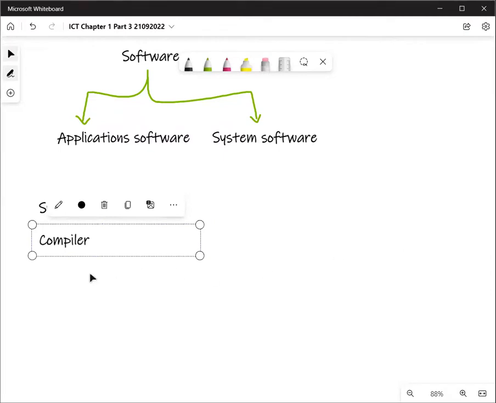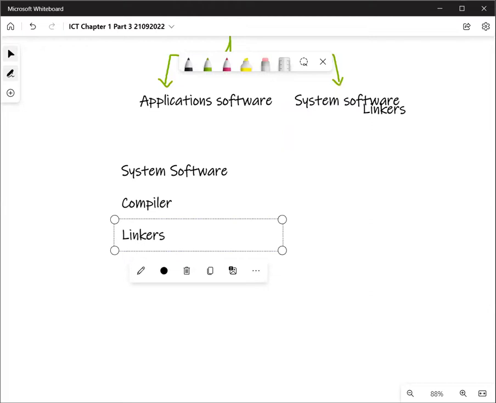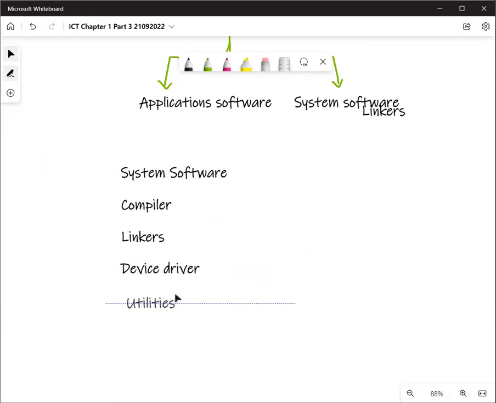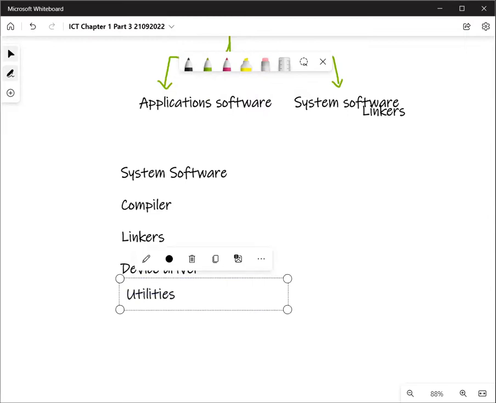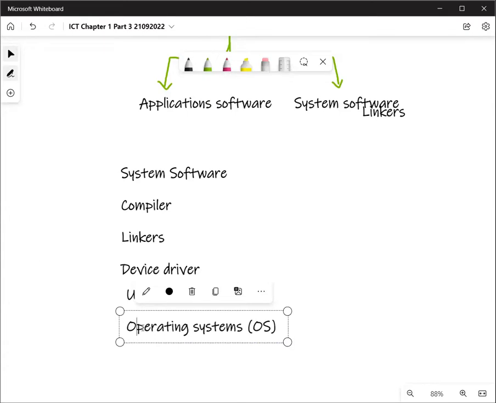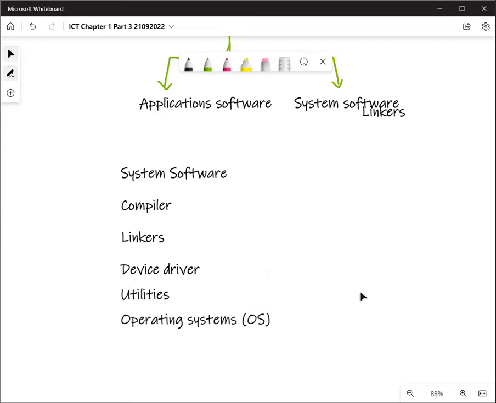We have linkers. We have device driver. Finally, we have operating system. Write this in your notebook, no screenshots, nothing. Just write it, tell me when you're done.